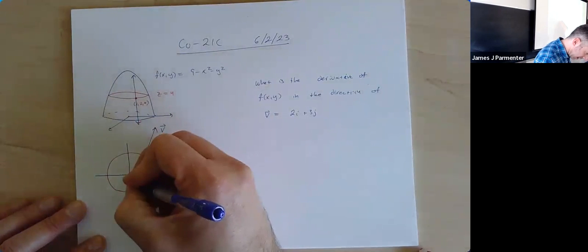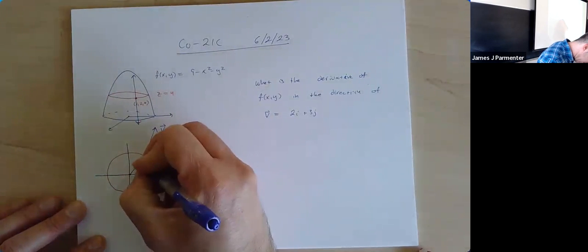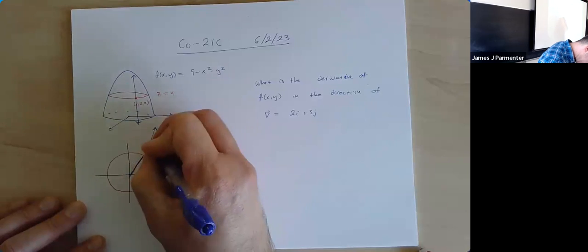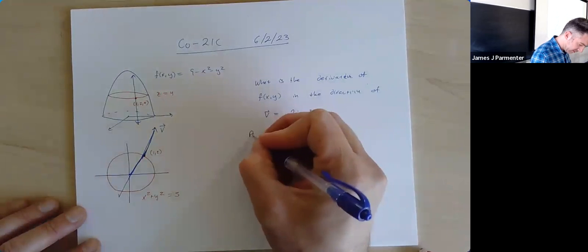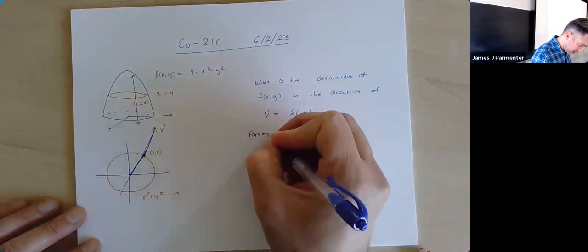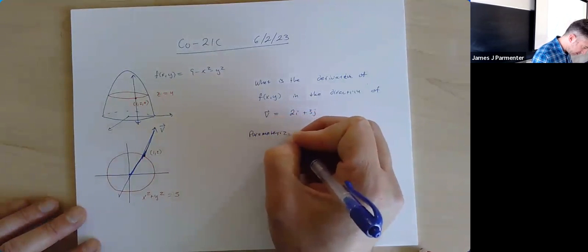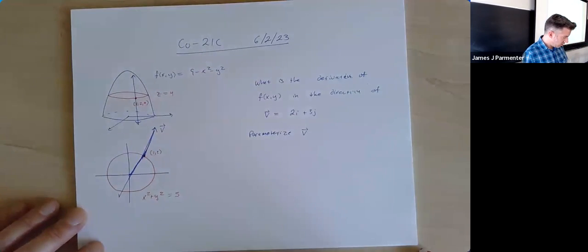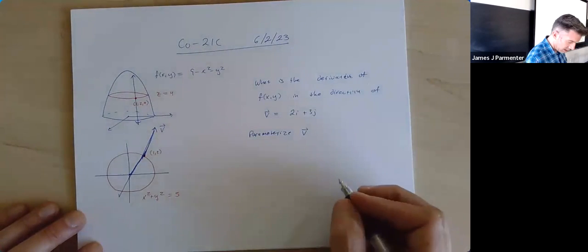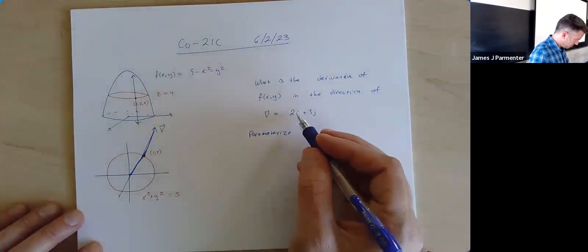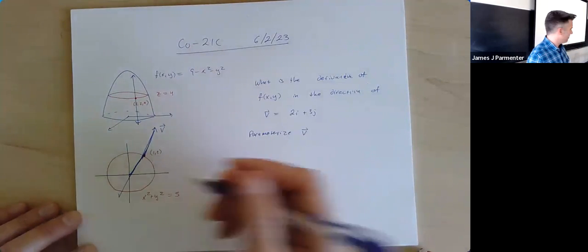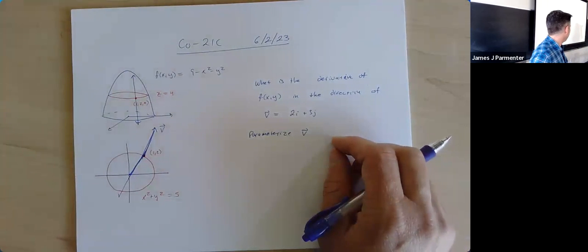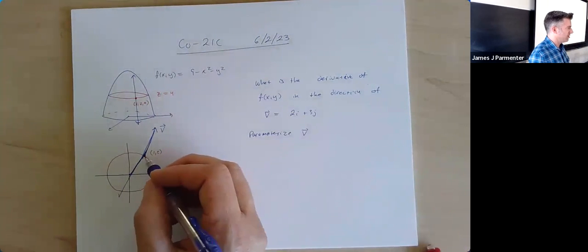I've drawn this vector poorly, I'm sorry. That's terrible. Actually, I've made it look like that should go through the origin when it really shouldn't.